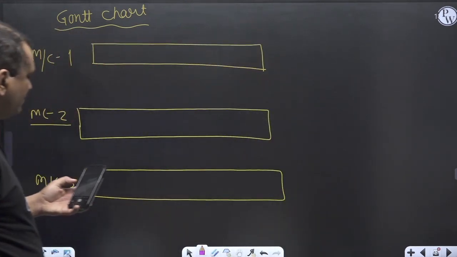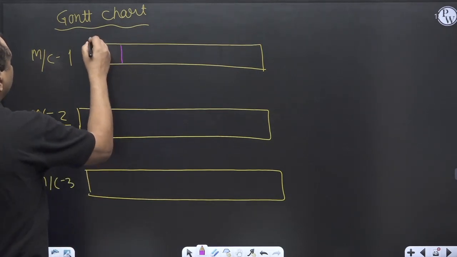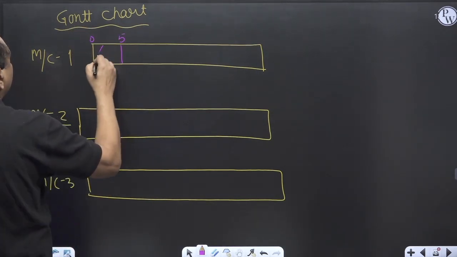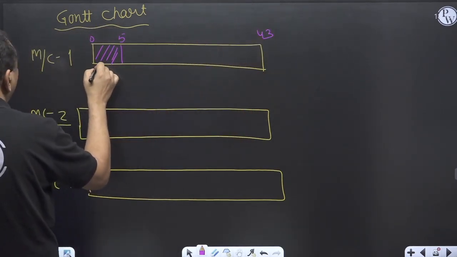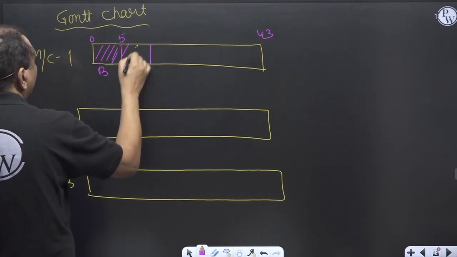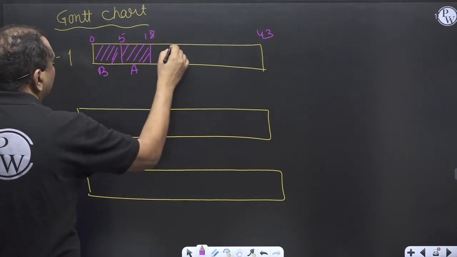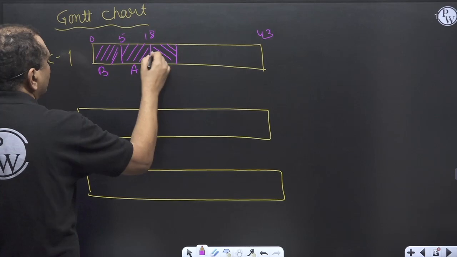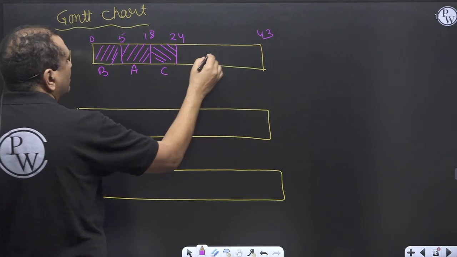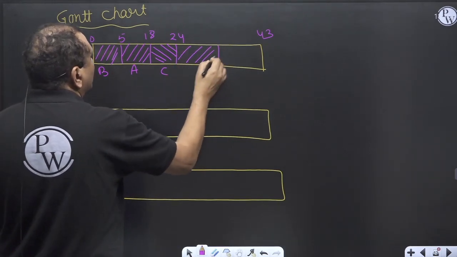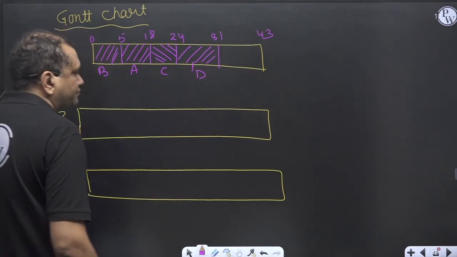So now same slide, from 0 to 5, 43 cycle time, B is working. 5 to 18, A is working. 18 to 24, C is working. 24 to 31, D is working.